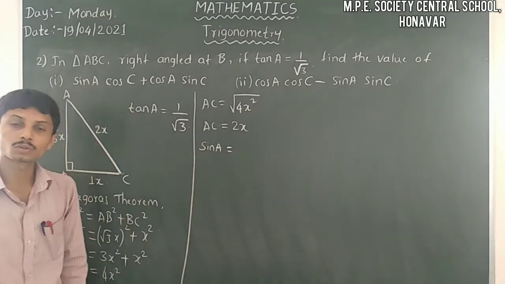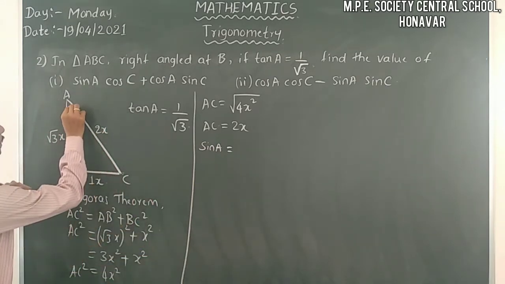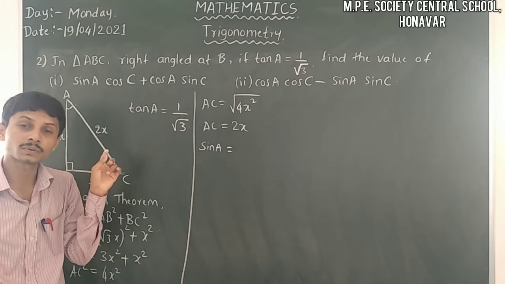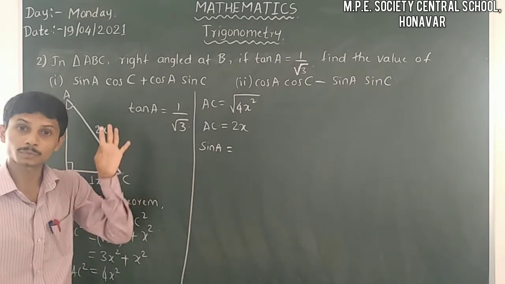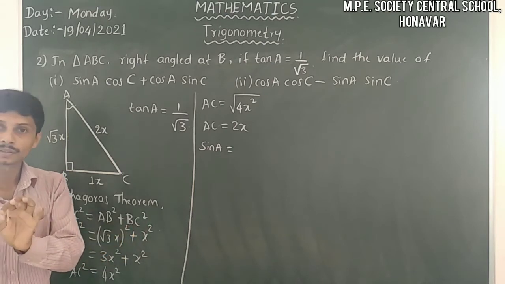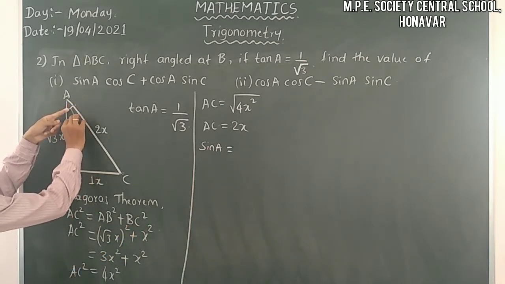Sin A is equal to opposite side by hypotenuse. So be careful about this one, most of you are committing mistakes here only. Firstly you have to recognize the angle. So it is A, and what is the opposite of that? That one you have to take.